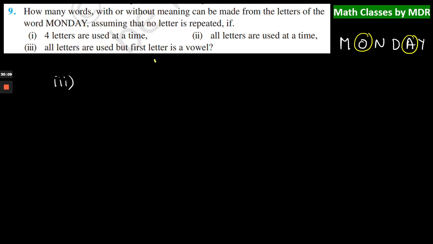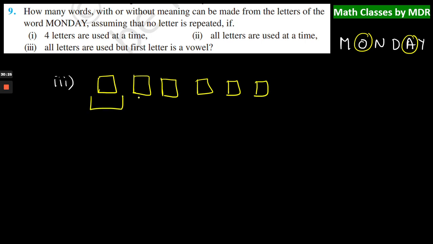So now the first letter should be a vowel. If you want to find a word by using all letters, but the first letter is a vowel, that is 1, 2, 3, 4, 5, 6. So this first letter must be a vowel and the remaining 5 can be any letter. Right? So now how many vowels are there? 2.